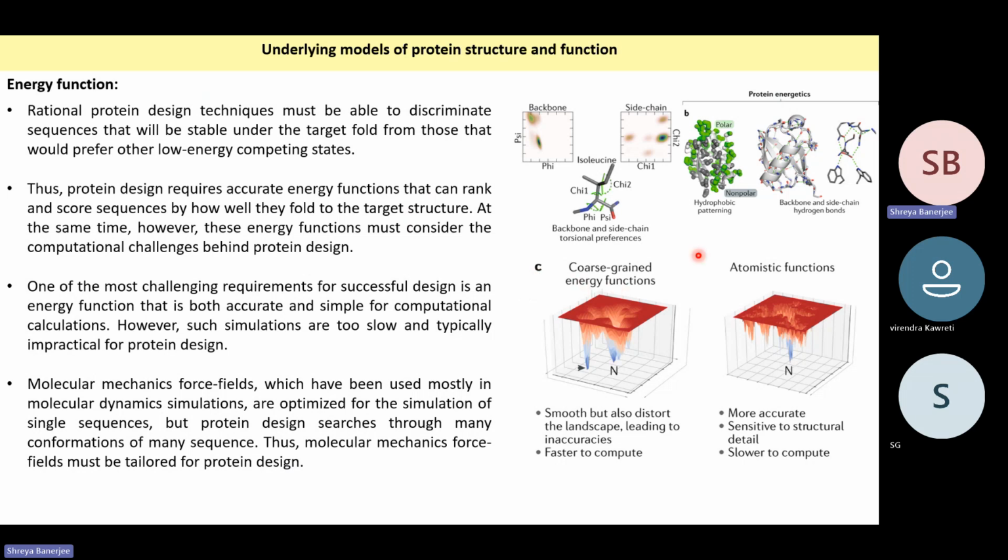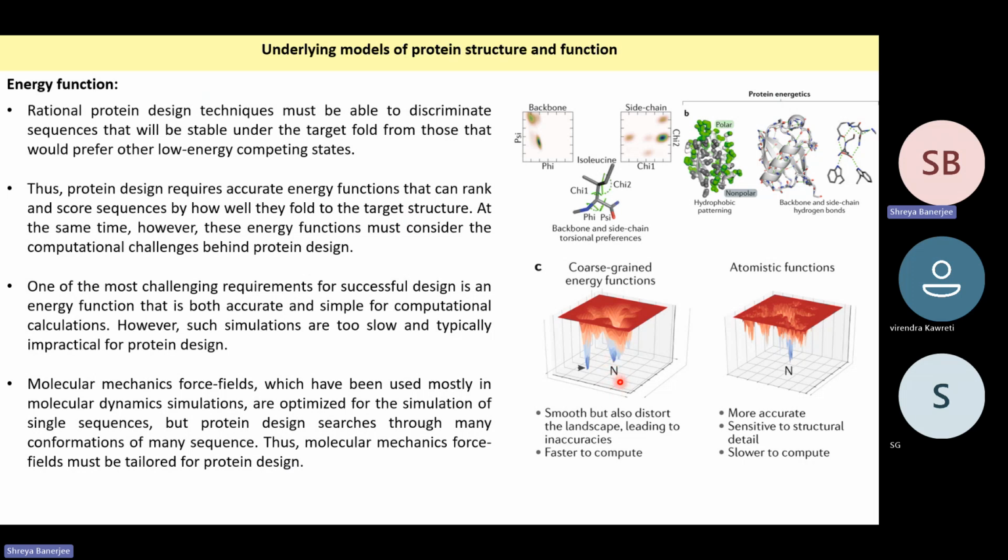There are two kinds of main energy functions. One is the coarse-grained function, which is very fast computationally, but it does not go into the details. It will give you an average view of the energy landscape, but it will not look into the details of each atomic interaction. So the advantage is that it is very quick to compute the lowest energy state.